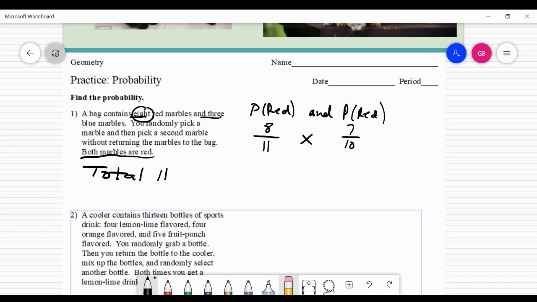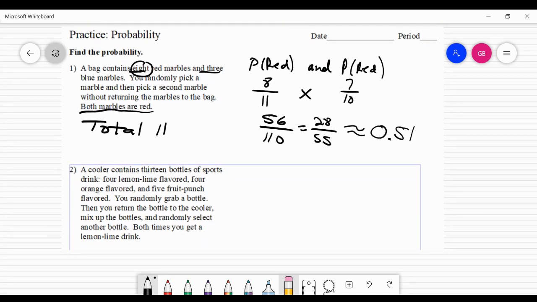So 7 times 8, that's 56. 10 times 11, that's 110. This simplifies to 28 out of 55. And then the decimal would be about 0.51.